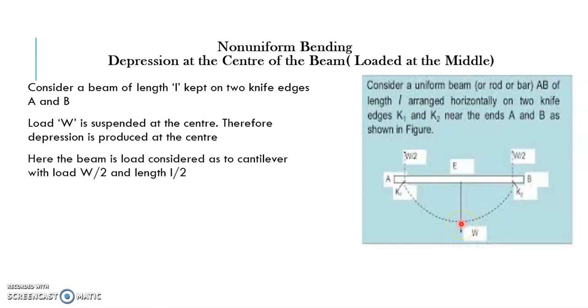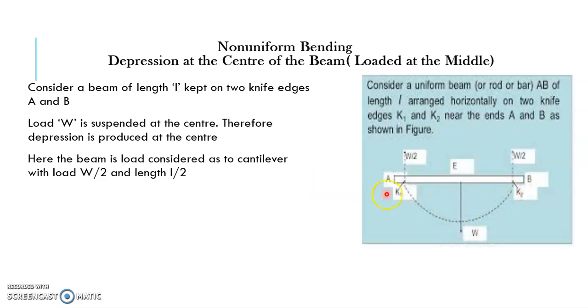But we know that when the beam is loaded at the center, it can be considered as two cantilevers, because the beam splits into two beams. The weight is added at the center. Therefore, the beam is split into two beams, one from A and another from B, converted into two cantilevers.